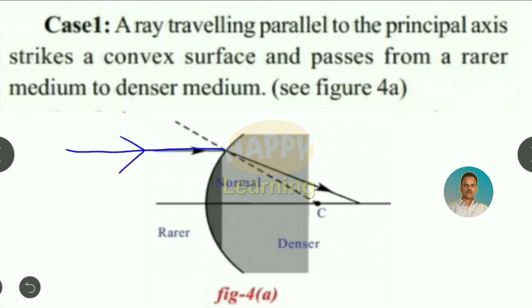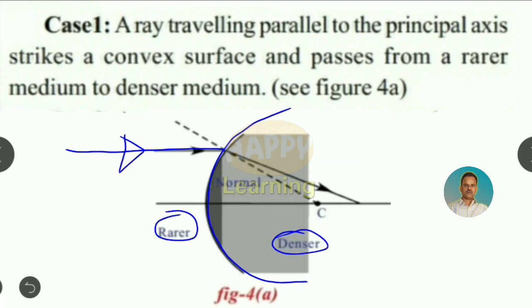This ray is parallel to the principal axis, and when it touches the interface, the line separating the two media, one side is the rarer medium, another side is the denser medium. So, this is the curved part that is separating the two media.